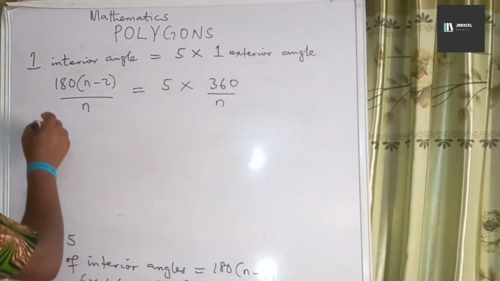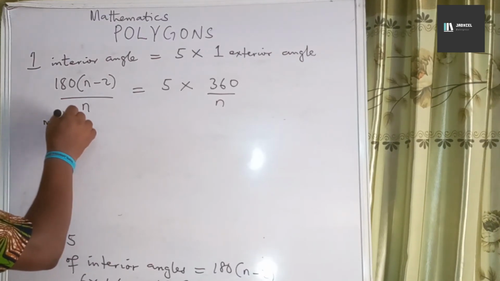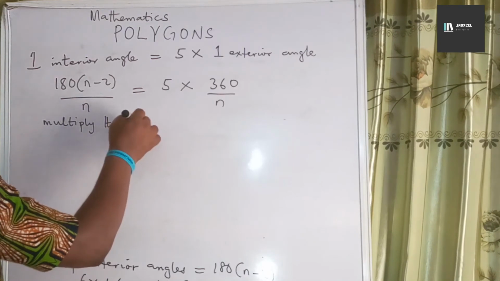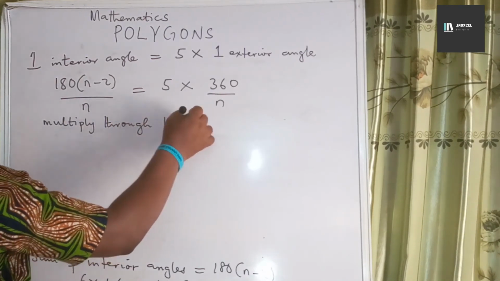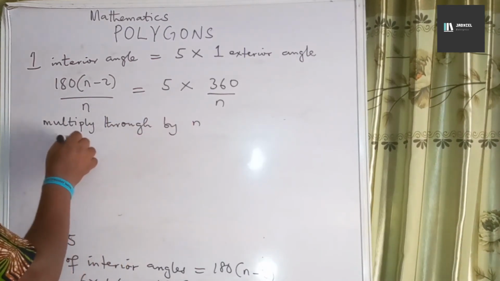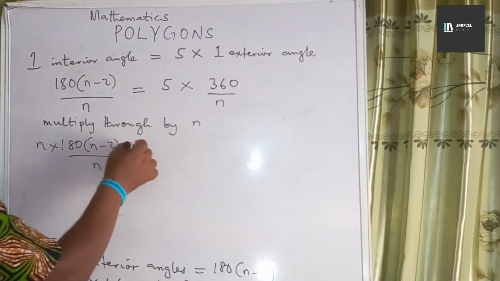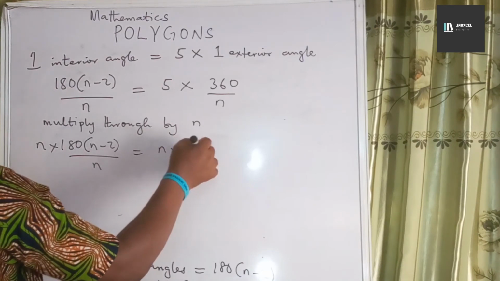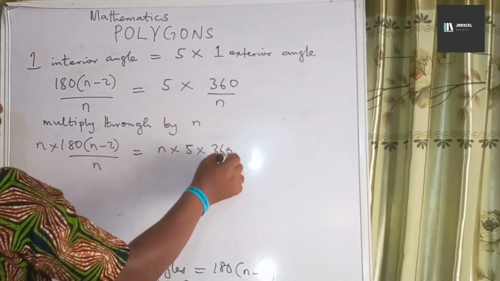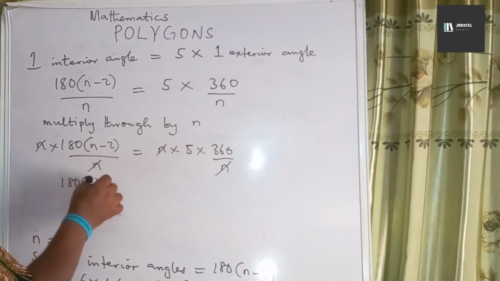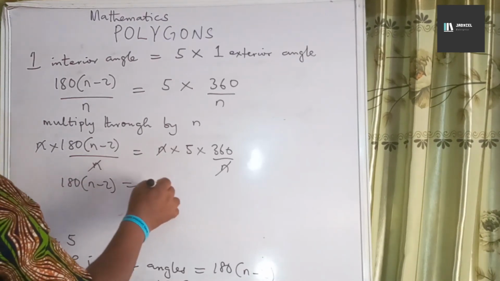If we multiply both sides by n, we have 180(n minus 2) equals n times 5 times 360 over n. We did that to eliminate our n. So we have 180(n minus 2) equals 5 times 360.